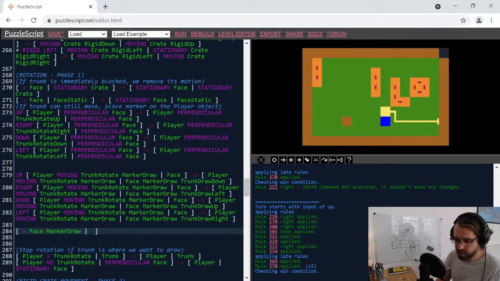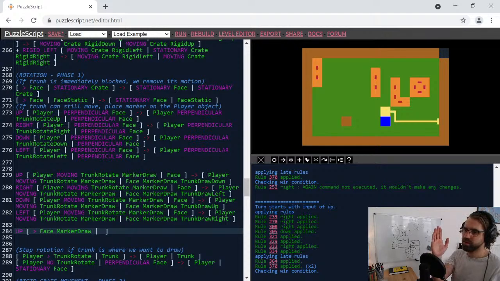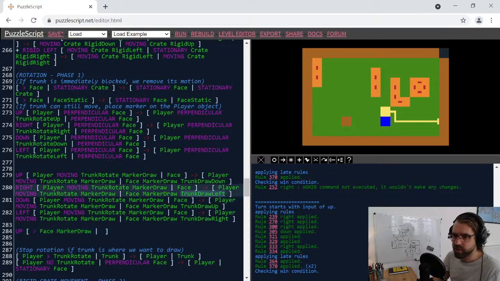So up, in the up direction. Oh, no. In the up direction, face is moving to like this or on that side. Then the trunk draw is either, sorry, the trunk draw is either going left or right. This be vertical. Vertical.